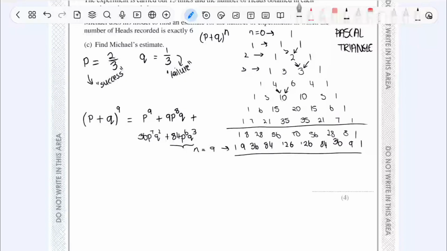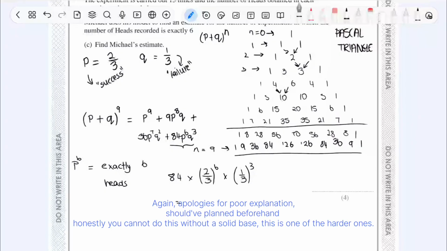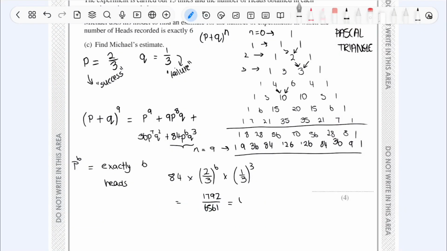We're interested in this one, the term where p to the 6 is exactly 6 heads. And now we just need to put the values in. You can have 84 multiplied by (2/3) to the power of 6 multiplied by (1/3) to the power of 3, which is equal to 1792 divided by 6561, or 0.273.